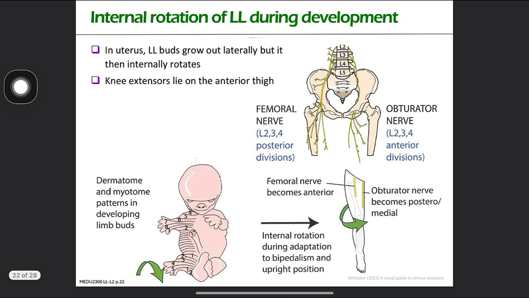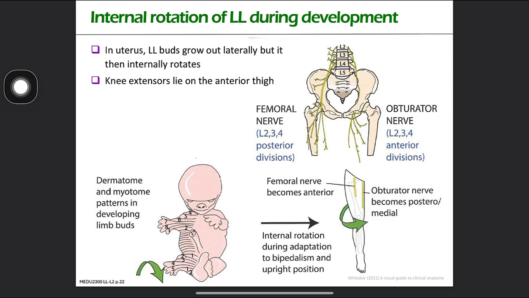So before we go down to the nerves, I need to jump to embryology a little bit, because in the uterus, the lower limb buds grow out laterally, but then internally rotate, like in this way.